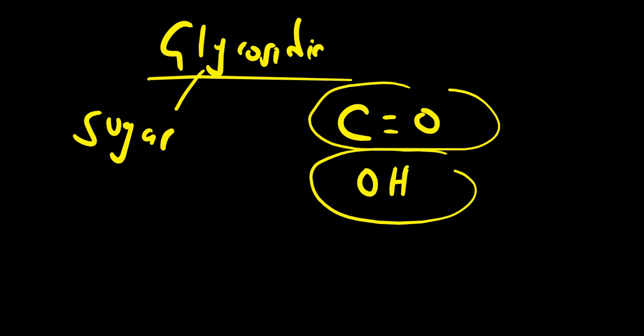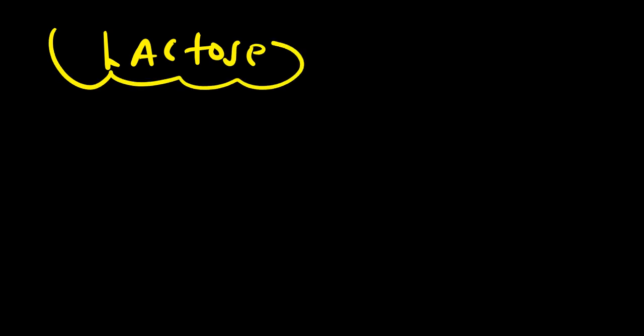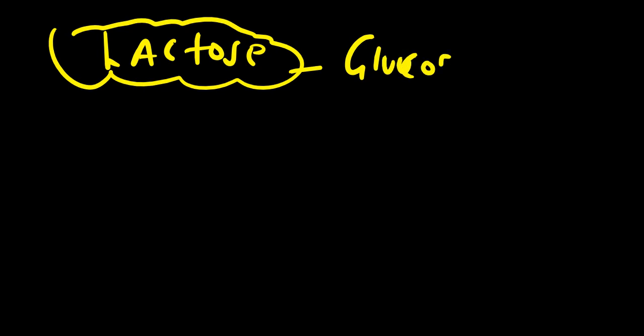Now let's take for example lactose. Lactose is a disaccharide. Now lactose, we've said, is made from glucose and galactose.